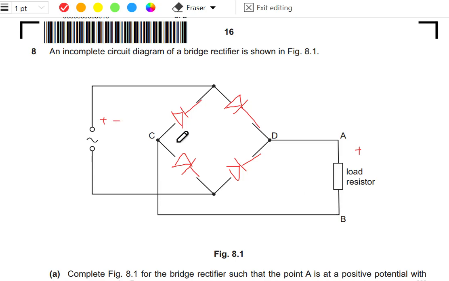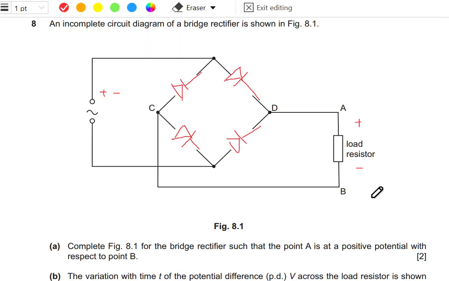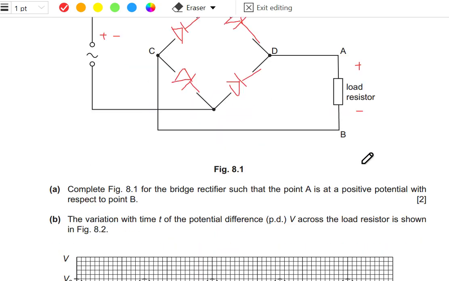And if here is negative, it will not go through this branch, only through this branch. And when it reaches here, this is closed, so it will go to this, keeping the polarity the same. Always here is positive and always here is negative.